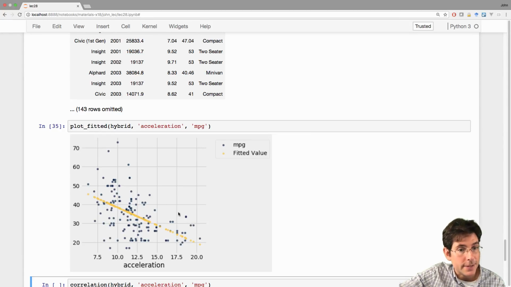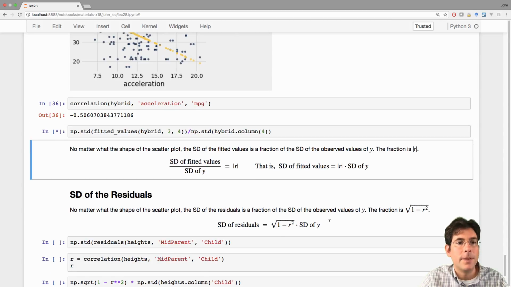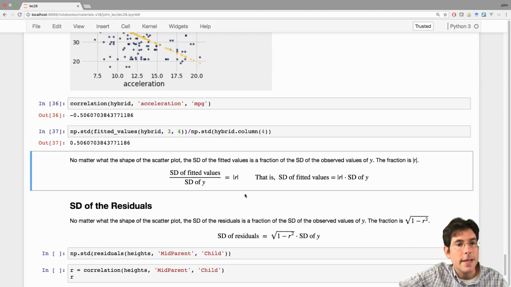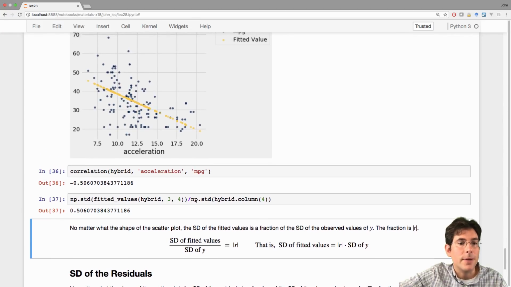It looks like there's an association, and if you draw a line through it, that line does capture quite a bit of the variability. The correlation in this case is negative 0.5, and the ratio of the standard deviation of the fitted values to the standard deviation of all the values is 0.506.